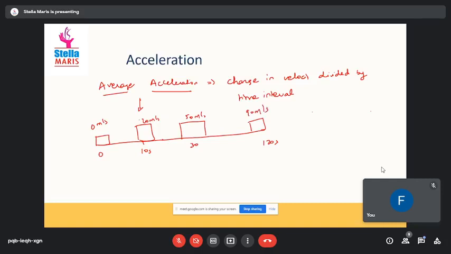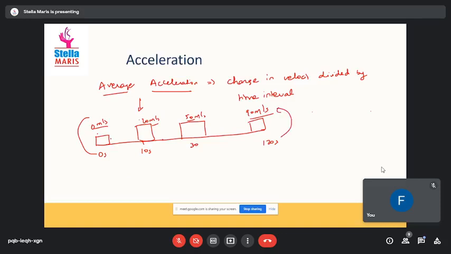So there is a change in velocity, right? A change in velocity between the time interval 0 seconds to 120 seconds. So we are going to calculate the change in velocity over this interval, from 0 seconds to 120 seconds.